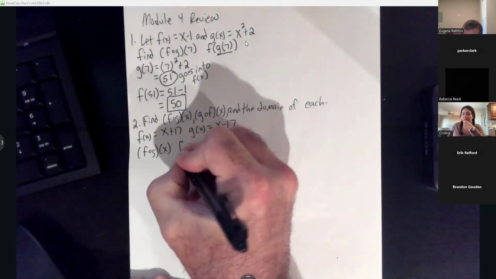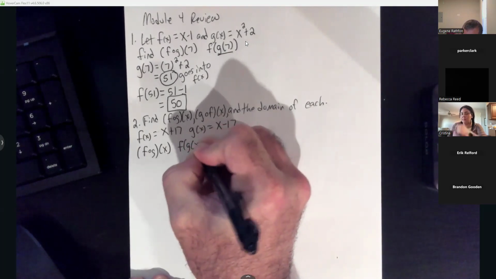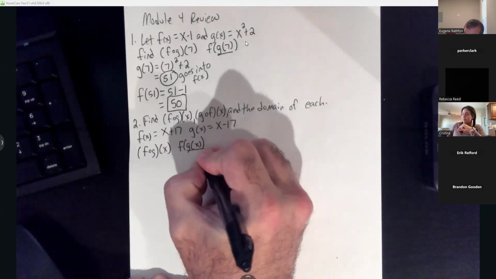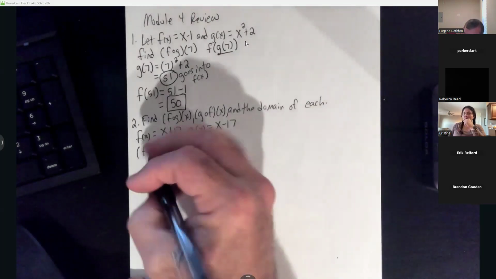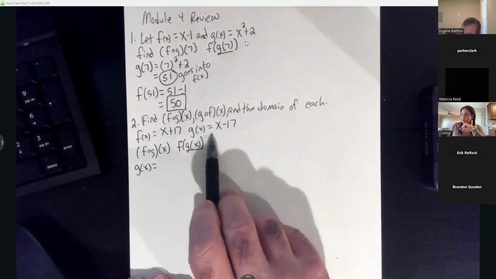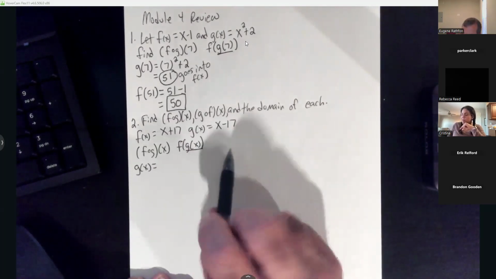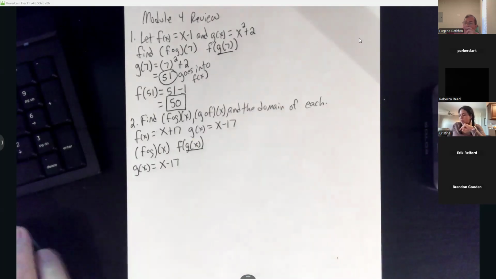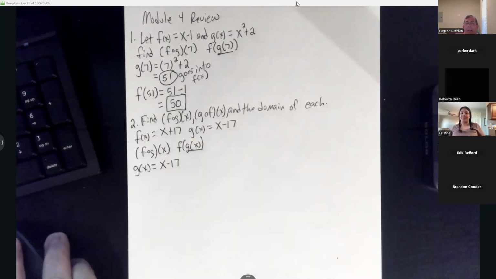So that's going to be like this, f of g of x. So the first thing I'm going to do is g of x. So g of x was given to me, and g of x is x minus 17. Now notice, I cannot do anything to that.